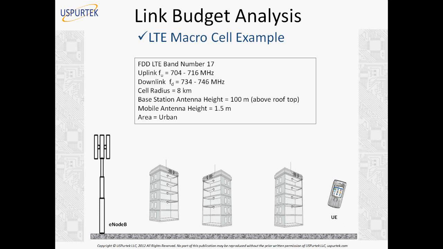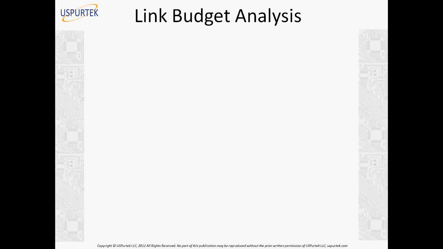Downlink frequency is 734 to 746 megahertz. The cell radius we are considering here is 8 kilometers. It's a macro cell, a bigger cell. Base station antenna height is 100 meters. Mobile antenna height is 1.5 meters, and the area is urban. For this scenario, in this picture you see an eNodeB at the cell tower, and the UE, the user equipment, is a handset that the person is going to use.